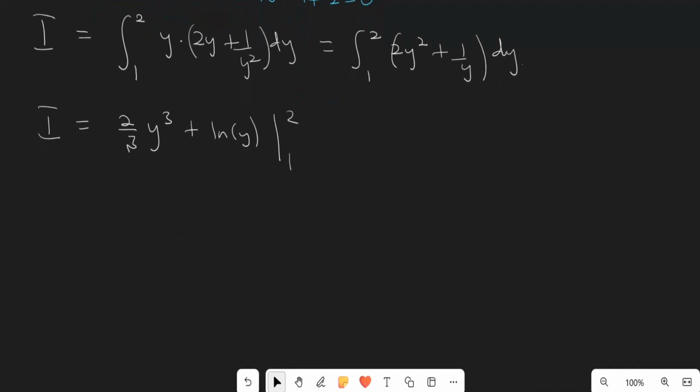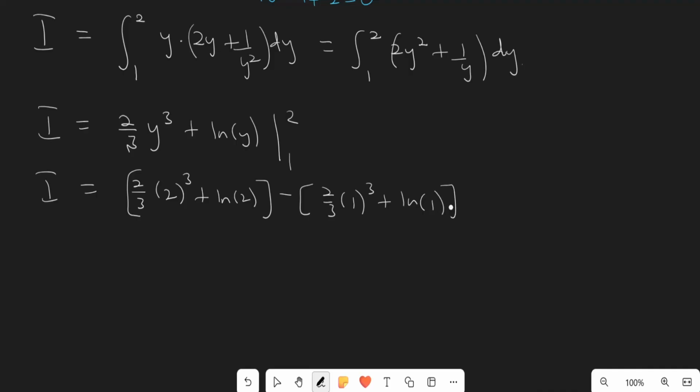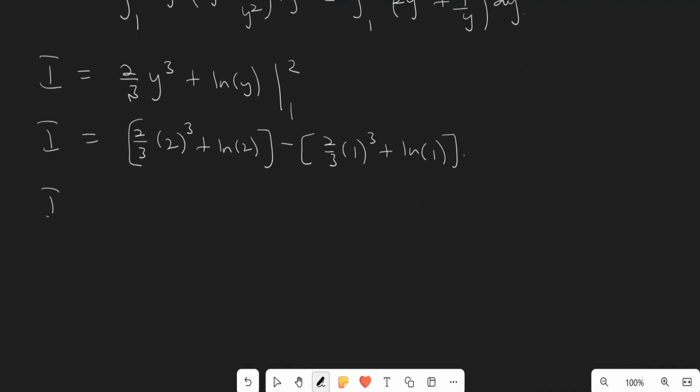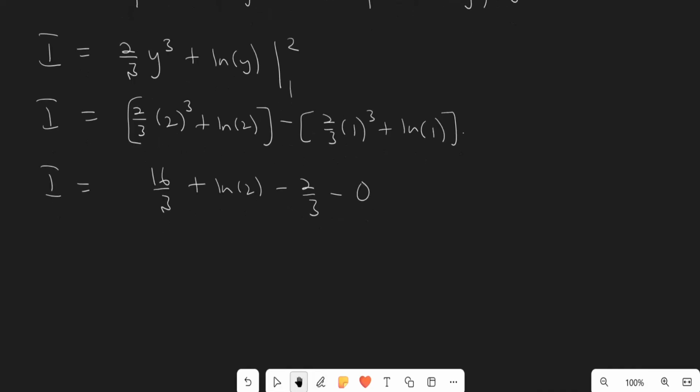Plug in your limits of integration. We have 2 over 3 times 2 to the third plus ln of 2. This is the upper limit, minus the lower limit, 2 over 3 times 1 to the third plus ln of 1. So I is, 2 to the power 3 is 8, so this is 16 over 3 plus ln of 2 minus 2 over 3 minus ln of 1, which is 0.